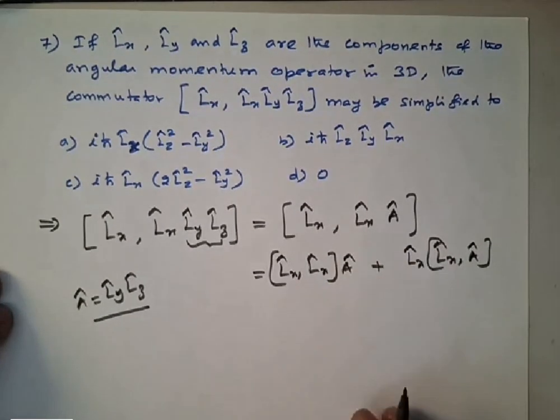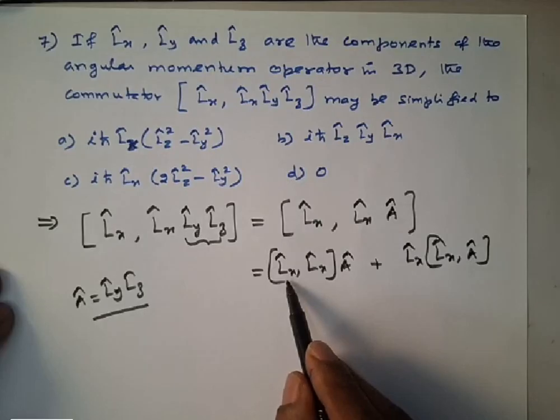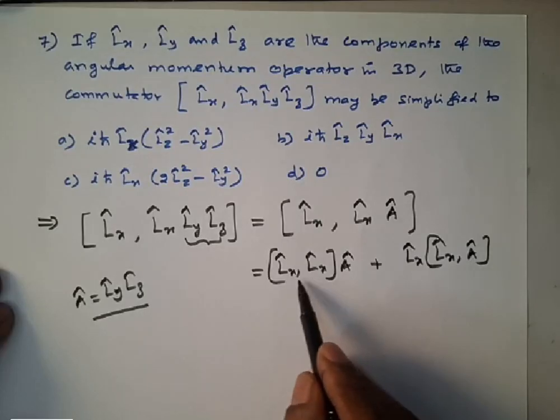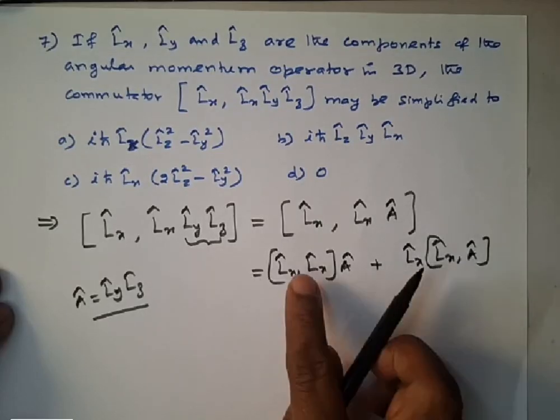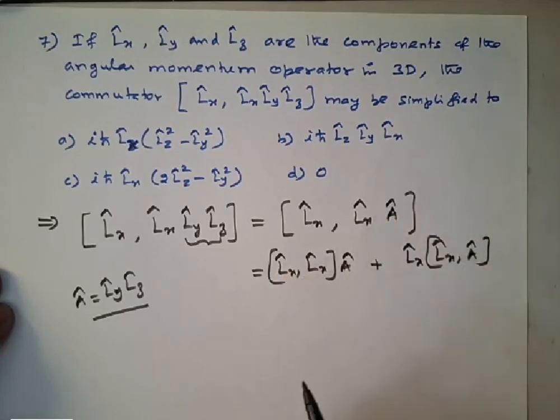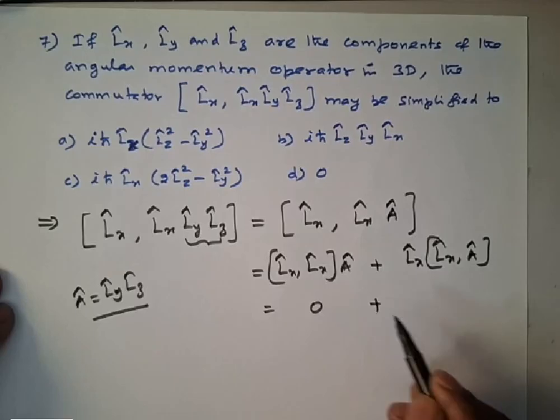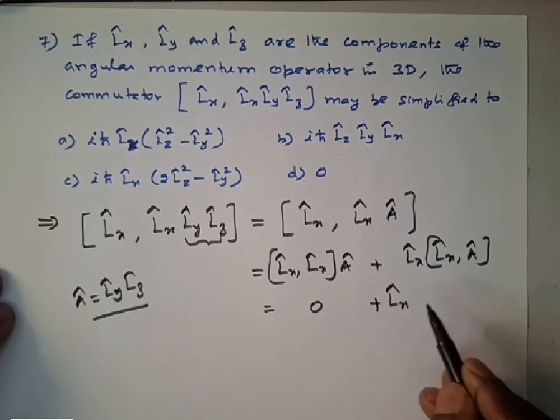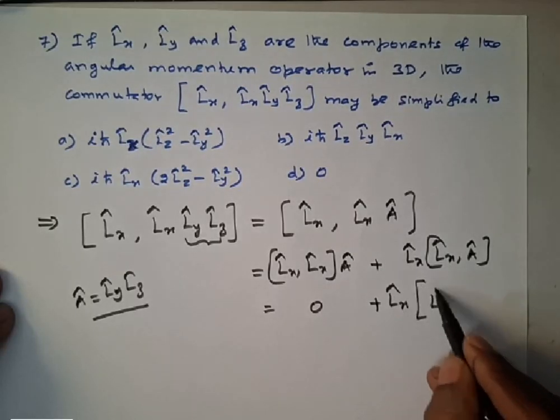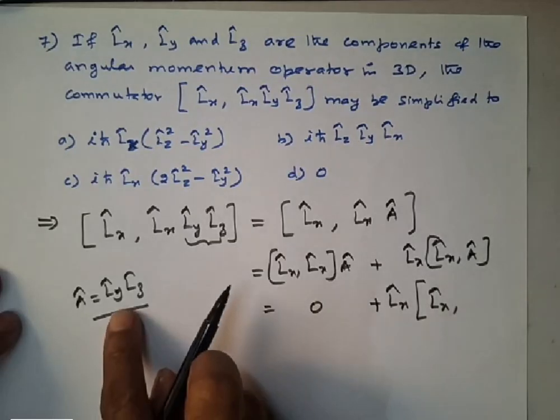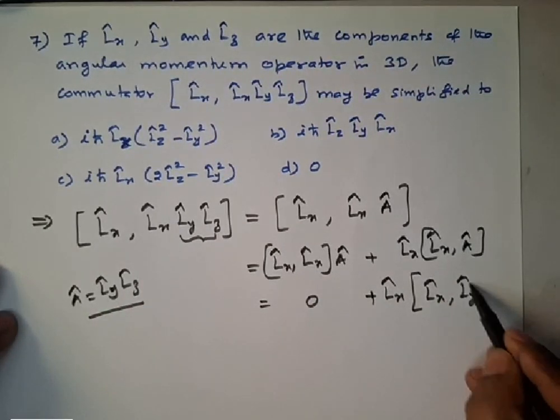This formula we know already. What is Lx comma Lx? Commutator of the same operator, A comma A, is 0. So this part becomes 0 plus, and here we have Lx comma Lx into, what is A operator? A operator is nothing but Ly into Lz.